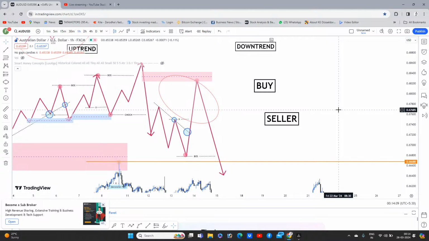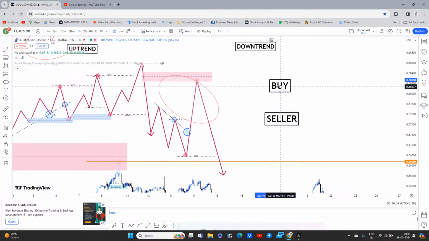So you need to understand that market needs liquidity. If you want to buy something, you need a seller to sell you that thing. Now, under smart money, smart money are big institutions and everyone.